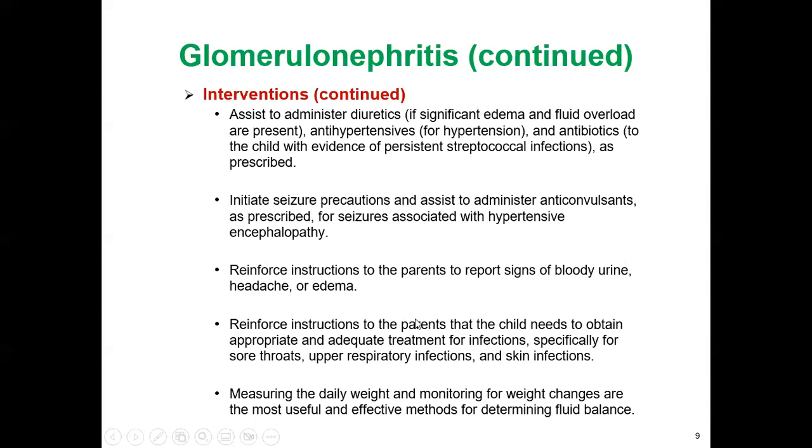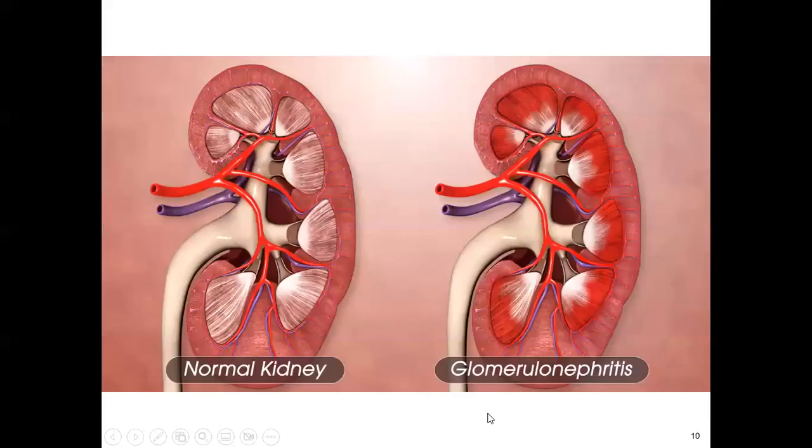Educate the parents that the child needs to obtain appropriate and adequate treatment for infection, especially sore throat, upper respiratory infection, and skin infection, because these are the sources of infection and the chance for antigen-antibody complexes to collect in the glomeruli and cause inflammation of the glomerulus. Measuring the daily weight and monitoring for weight changes are the most useful and effective methods for determining fluid balance.